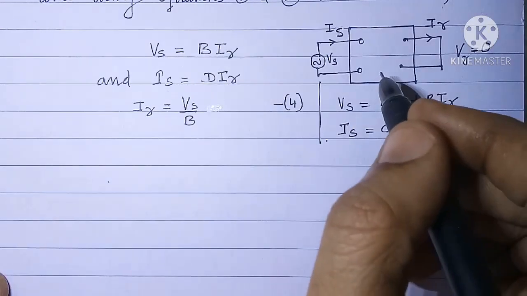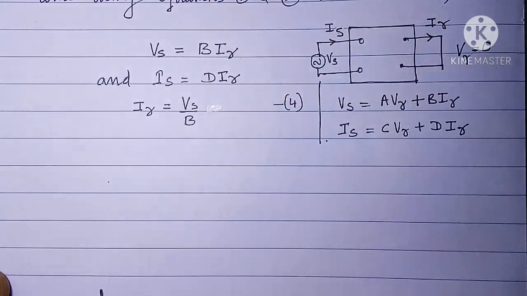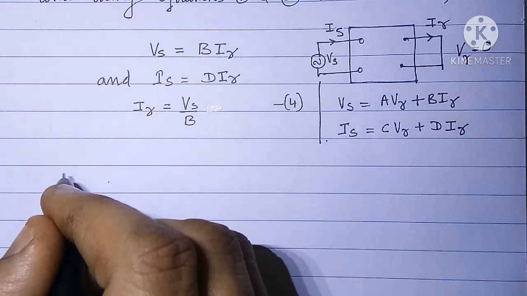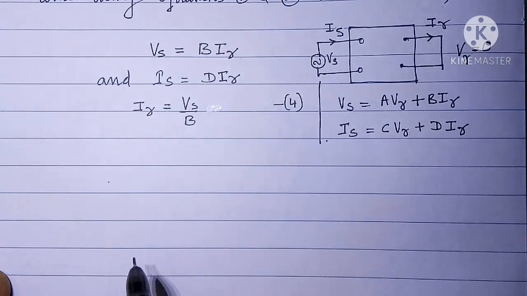We know that the two-port network is bilateral, assuming that it is symmetrical also.